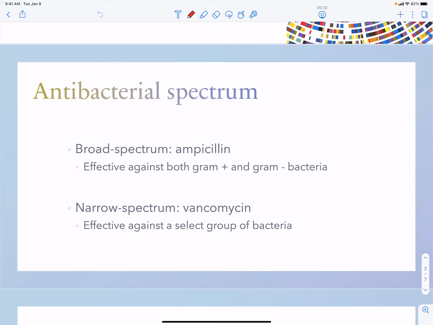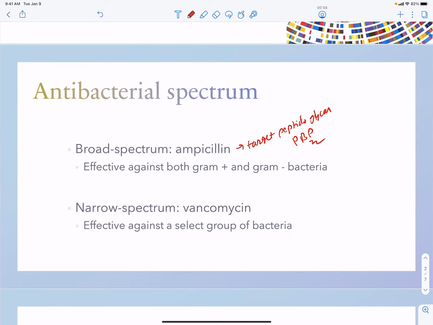And so our broad spectrum antibiotics are things like penicillins and other beta-lactam antibiotics. And this is because they're going to be effective at targeting the peptidoglycan by targeting the penicillin binding proteins.